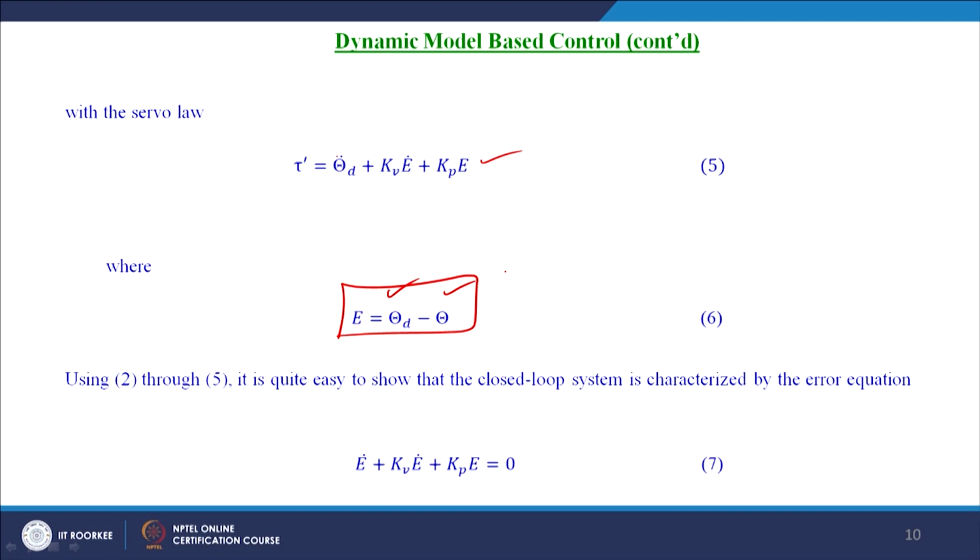So, using the equations from 2 till 5, it is quite easy to show that the closed loop system is characterized by the second order error equation, which is given by e double dot plus Kv e dot plus Kp into error equal to 0. This is the second order dynamic equation, which assures that as time tends to infinity, the error tends to 0.